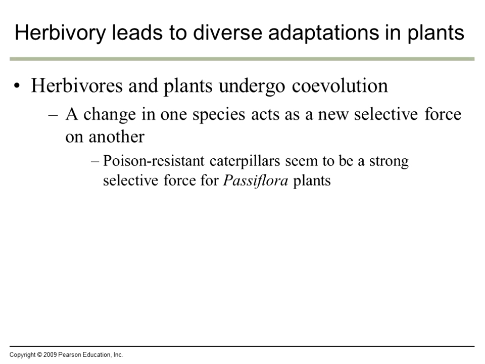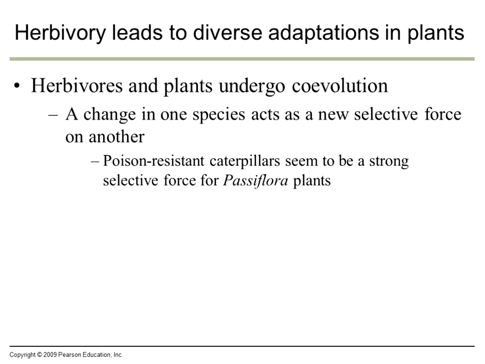So this form of competition, this interspecific interaction, gets very, very interesting and makes our animal and plant world fun to study, I think. So herbivores and plants undergo diverse adaptations.